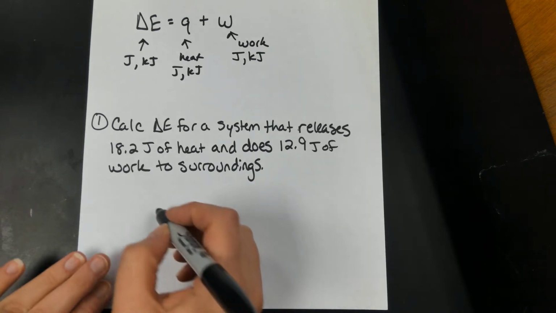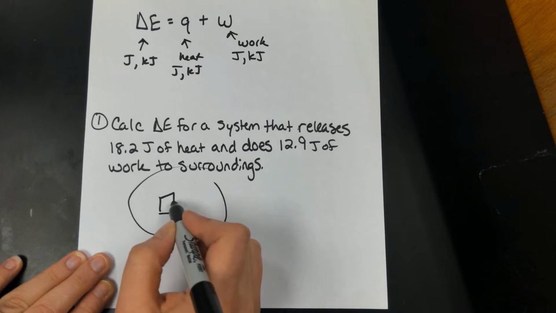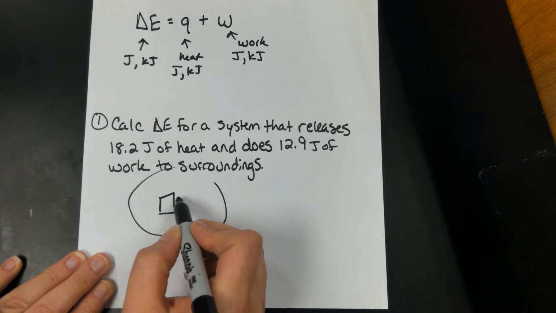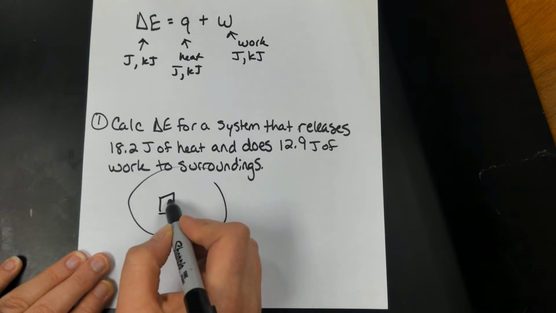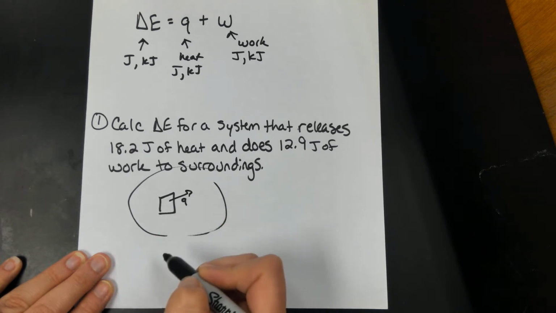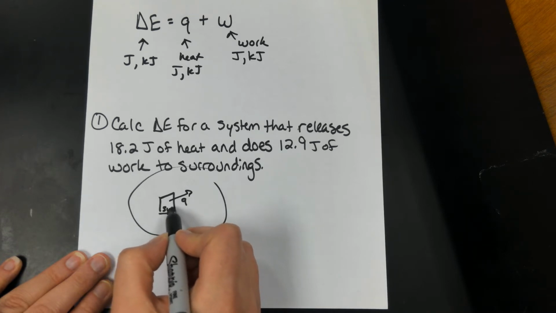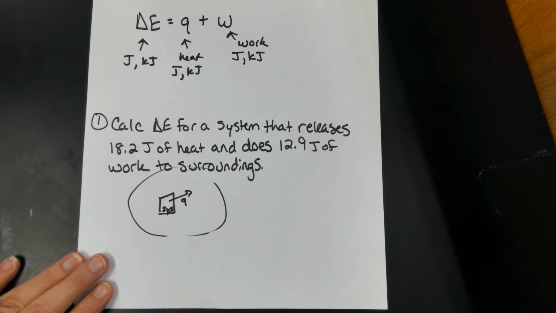So if you have a system and you have the surroundings, right? If you are releasing heat, does that mean that you're gaining heat or you're losing heat? So the heat, it's losing the heat, right? As far as my system is concerned, we're losing heat.